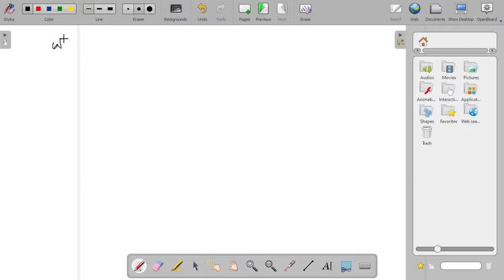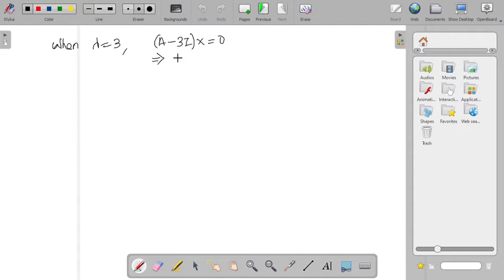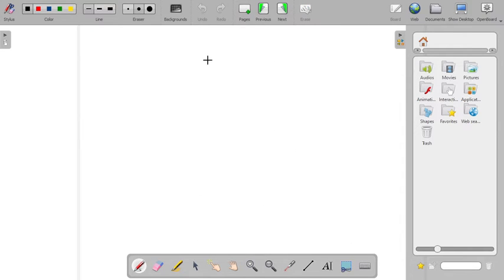So when lambda is equal to 3, we have the equation (A minus 3I)x equal to 0. Upon solving this we will get the eigenvectors. So we have 3 minus 3, then 2 and 1 minus 3, that is minus 2.